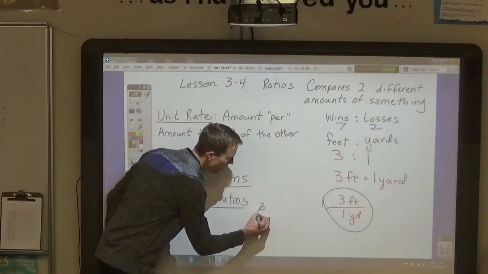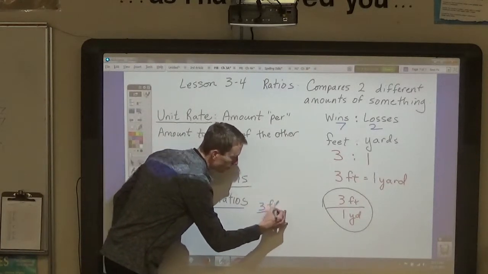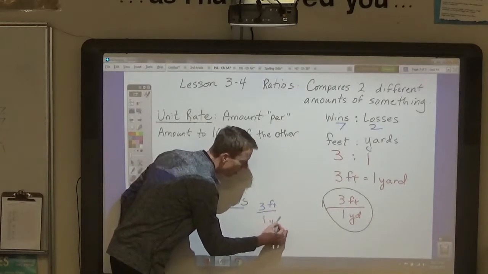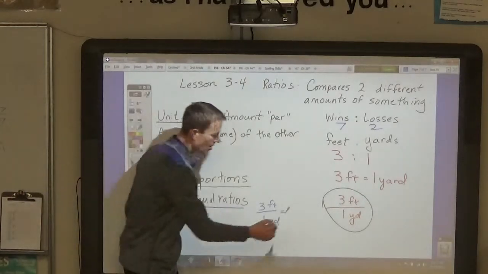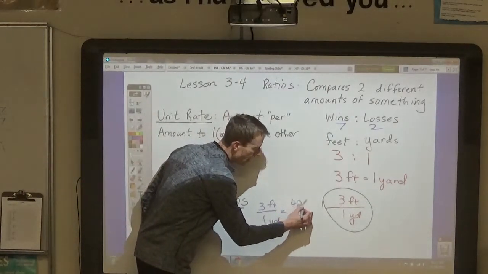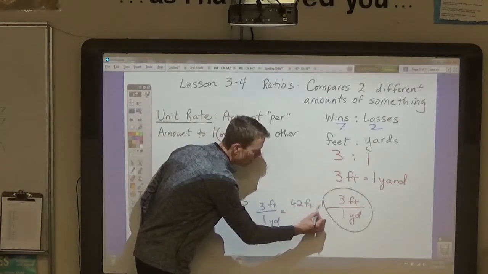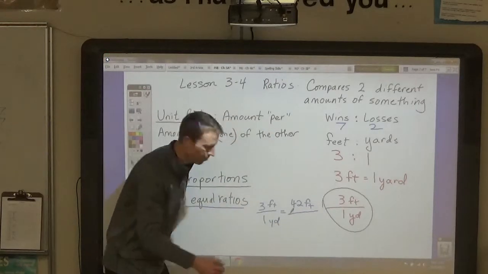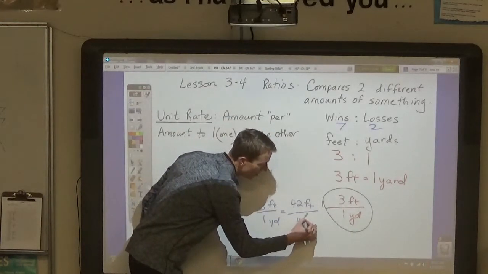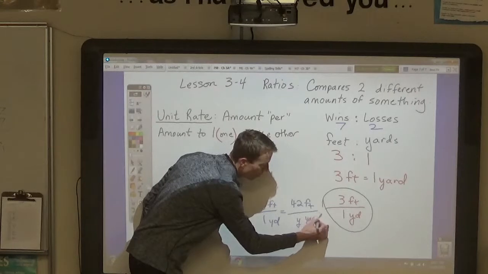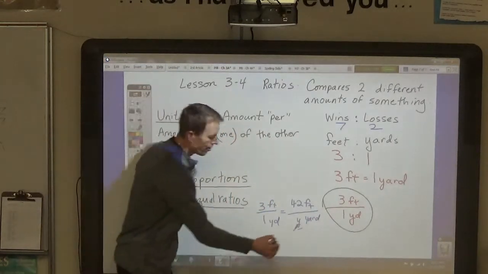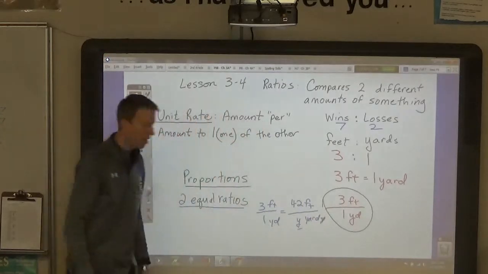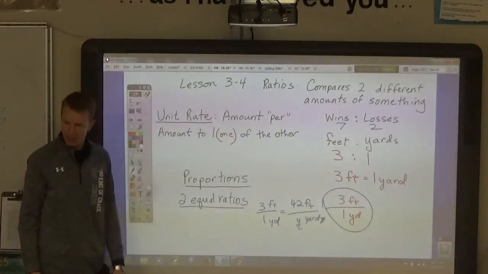So 3 feet to 1 yard equals 42 feet to y yards. In other words, we're going to use the variable y to figure out our answer.